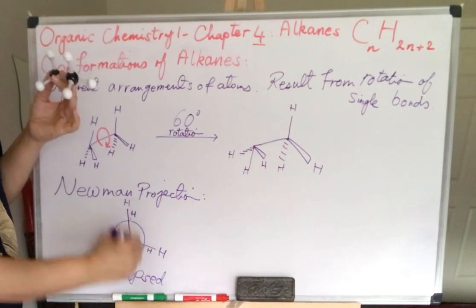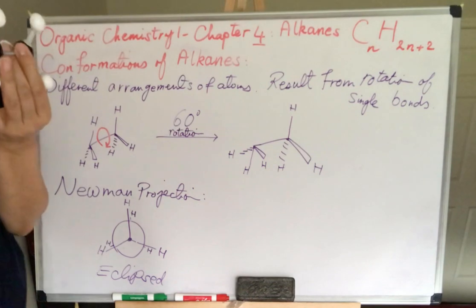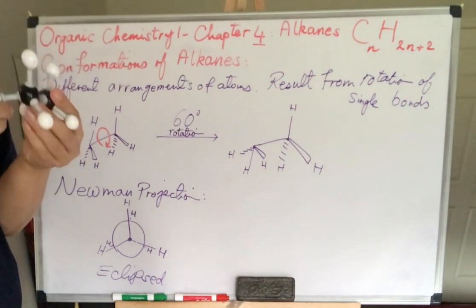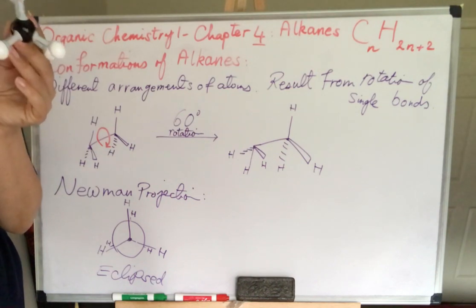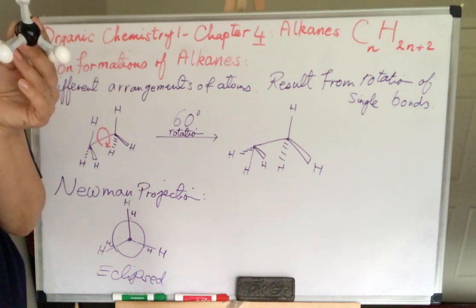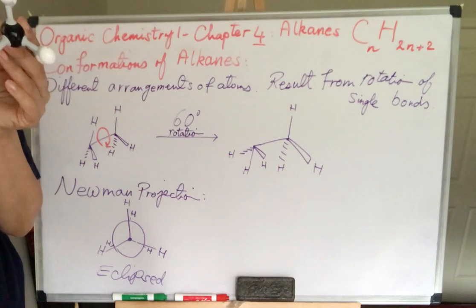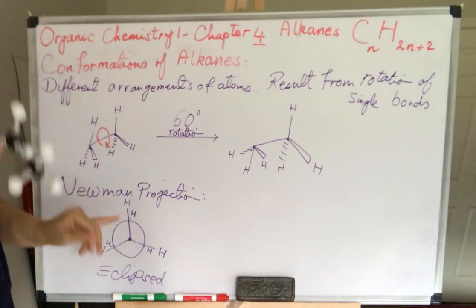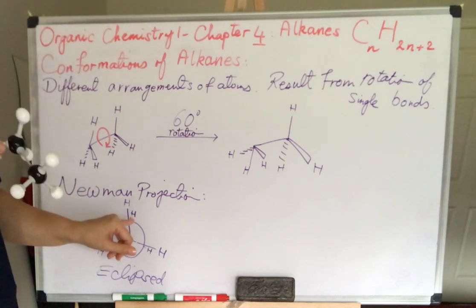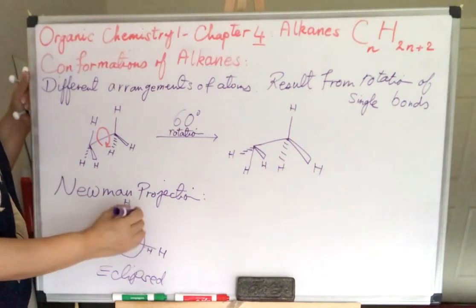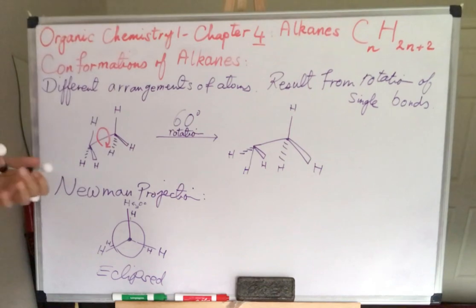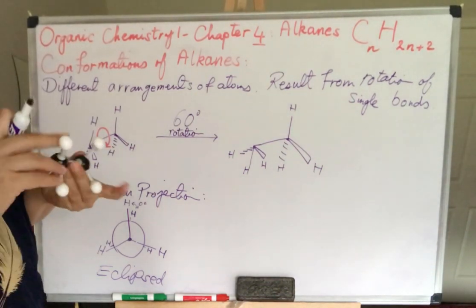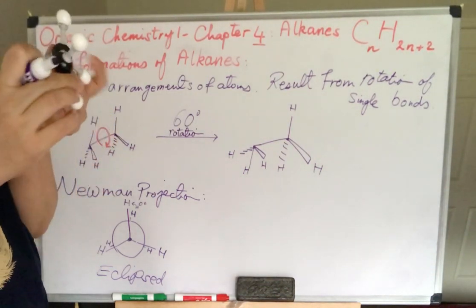Eclipse conformation, because just like the moon eclipse and sun eclipse, we have covering here, right? We don't actually see the second carbon and hydrogens, just a little bit, and we need to show them like this with the minimum. Here we show like 0 degrees between the 2 hydrogens because they are covered.